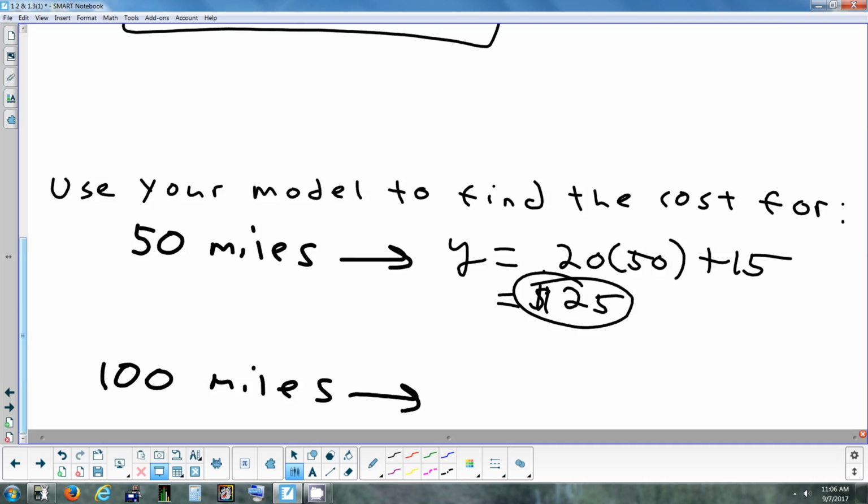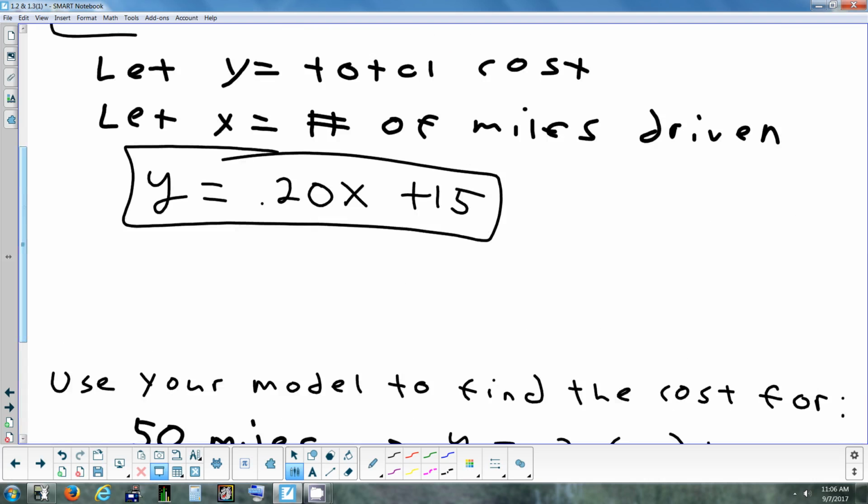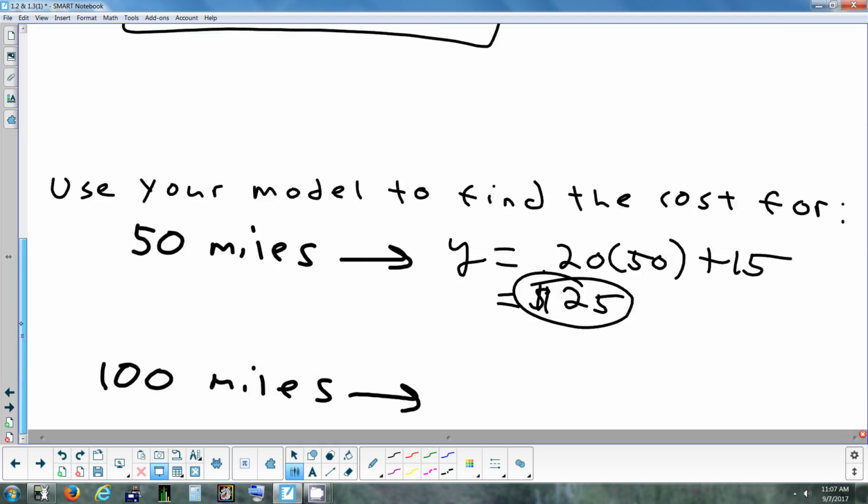No. Why can't I do that? 15 is not. Right, you're supposed to leave the 15 out. If you double the cost, like I just said, you're going to overestimate how much it would cost. You could double the cost for the mileage part, but you don't double the 15. Okay?